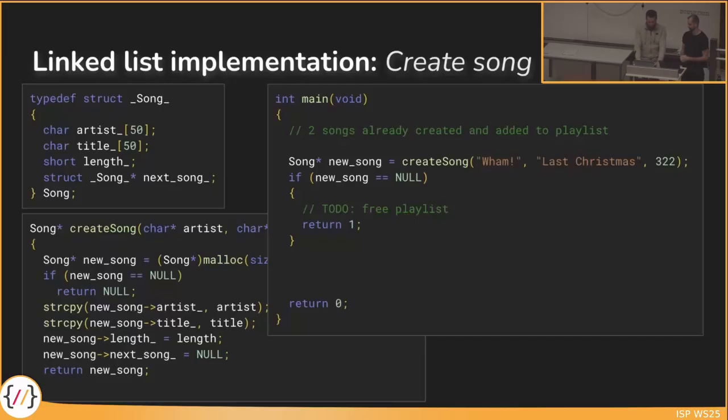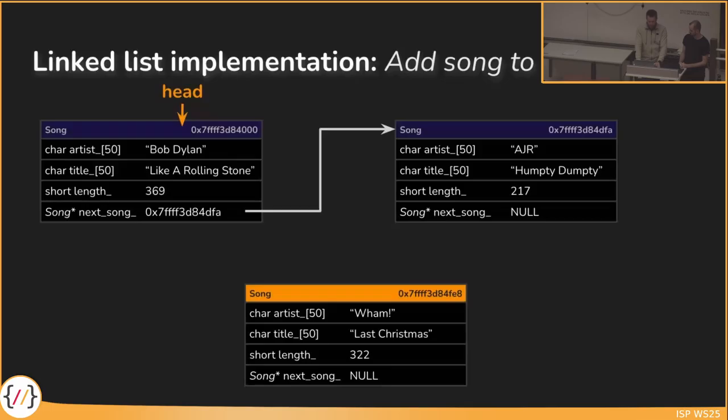So until now, we created the song, that's the first part, but it's still not linked into our linked list. It's just somewhere else, but it's not connected to our list. So we have to add this as a second step. The next step is to add this created song to our playlist. How does this work? We start again with the playlist head and iterate through the whole playlist as we just discussed before.